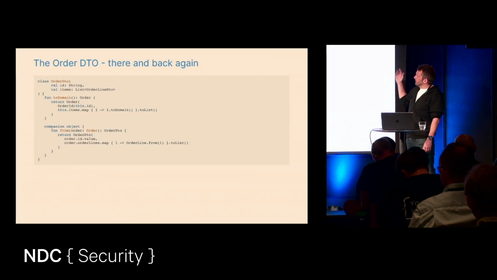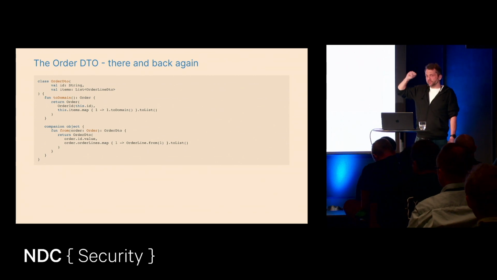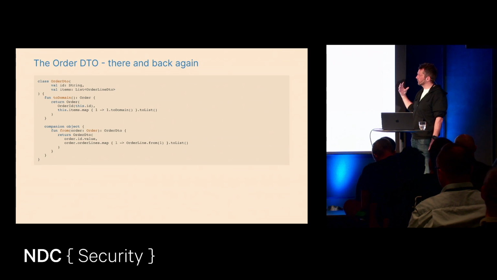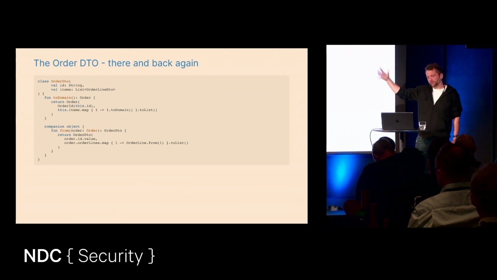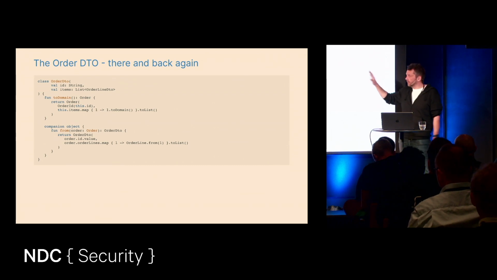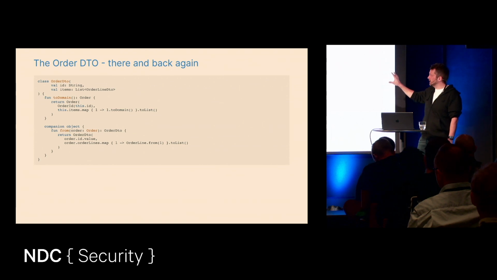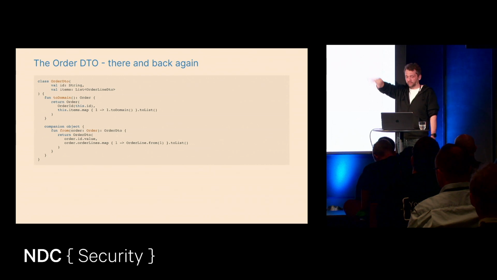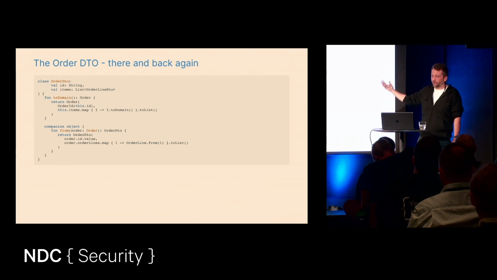And we can also say that the order DTO is not only responsible for going from the wire format into the domain, but it's also responsible for going in the other direction. So the order DTO, or the DTOs in total, now have a responsibility. The responsibility is to know how to map from the wire format or the DTO format into the proper format that we want internally.